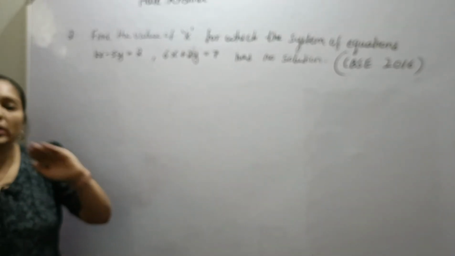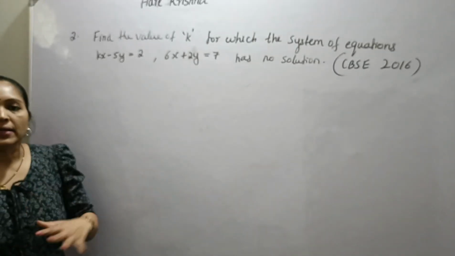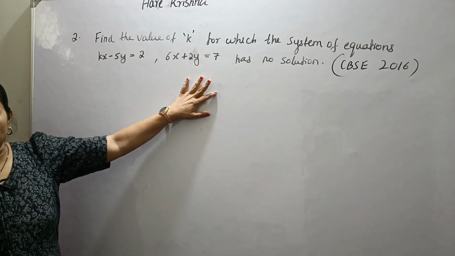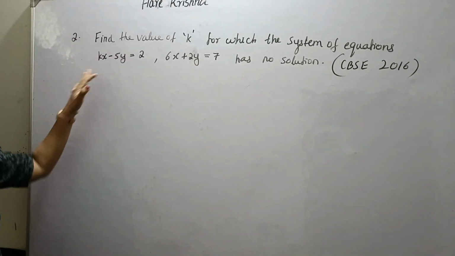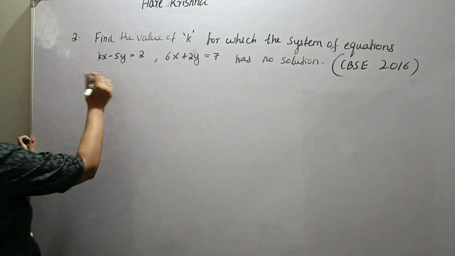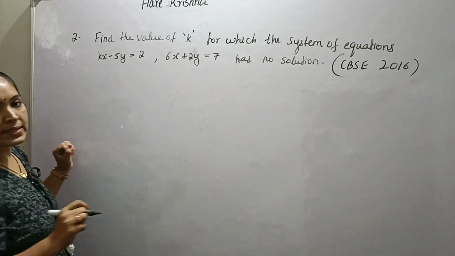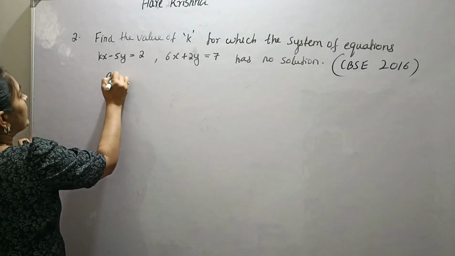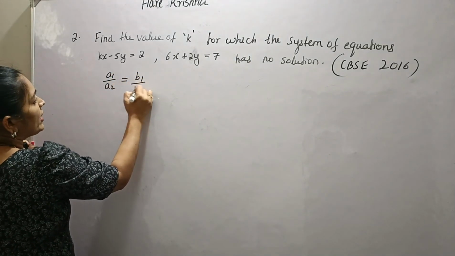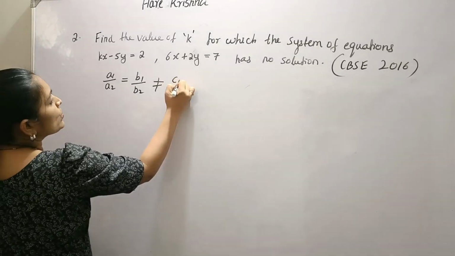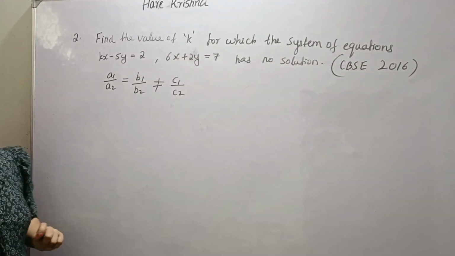If two lines are parallel, then the equations have no solution. What is the relationship between their coefficients? If two lines are parallel, then a1 divided by a2 is equal to b1 divided by b2 is not equal to c1 divided by c2, right?